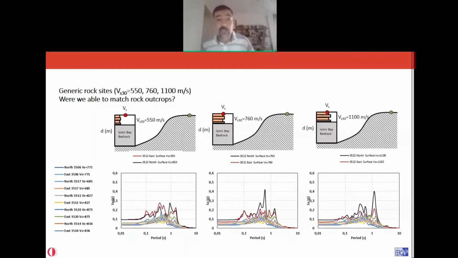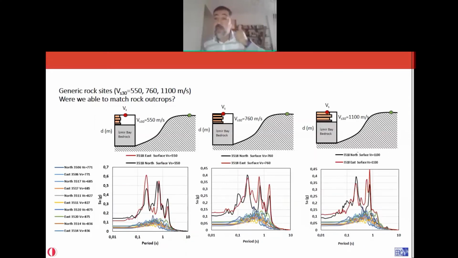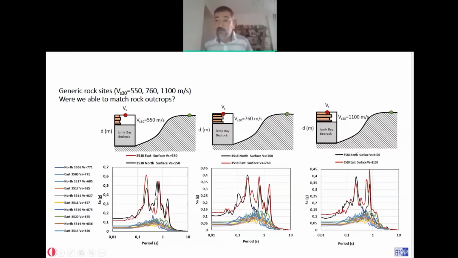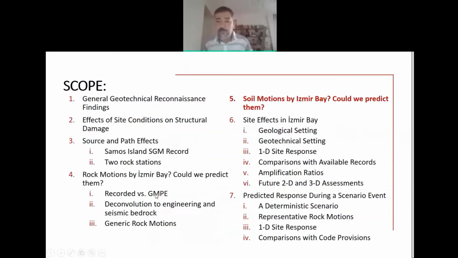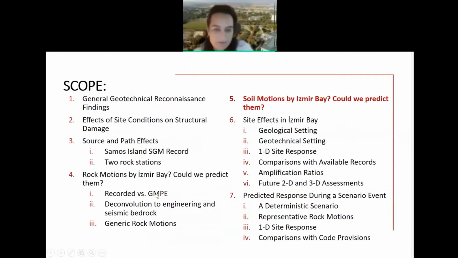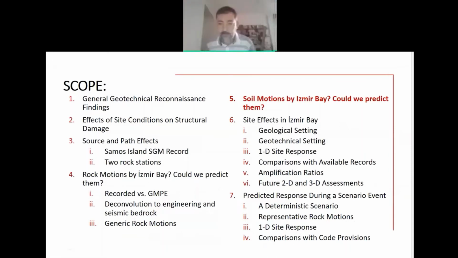That produces a lot of refractions in the system. So if you neglect that through generic rock profiles, then what you get is over modeling or over amplification of generic rock motions. One conclusion from this is generic motions do not really model a rock response in Izmir.